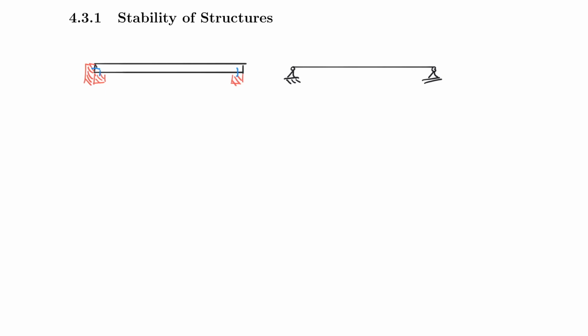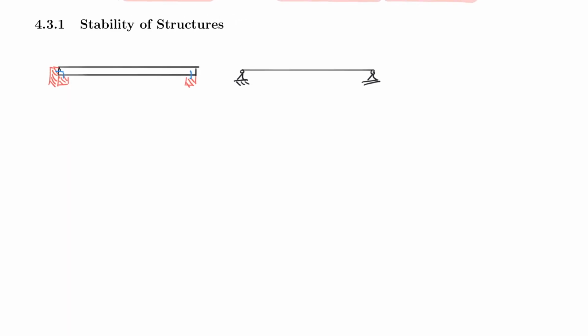You have seen this before, you have dealt with this. And you hopefully already put it together that the reason this is stable now is because we're meeting some conditions, right? So we have the sum of the forces in X equal to 0. We have the sum of the forces in Y equal to 0, and we have the sum of the moments about the Z-axis equal to 0.